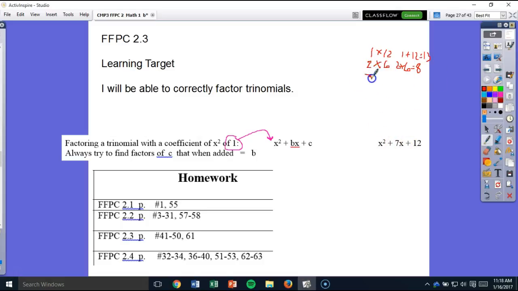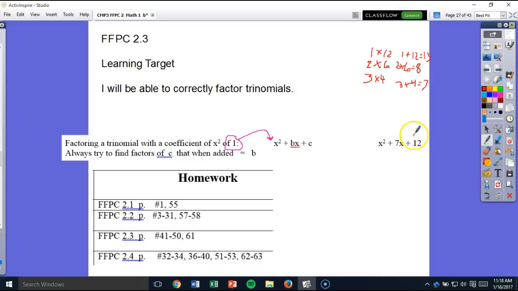So if we do 3 times 4, we get 3 times 4 is 12, and 3 plus 4 is also what we need of 7. Okay, so 3 plus 4 is 7.